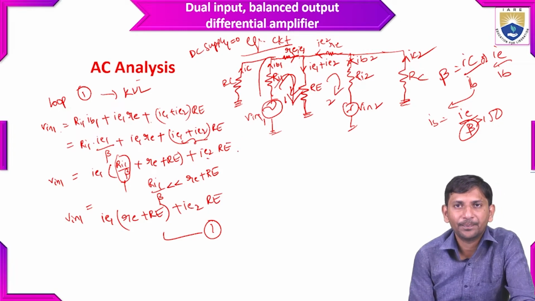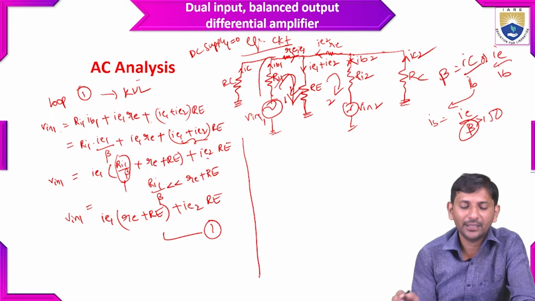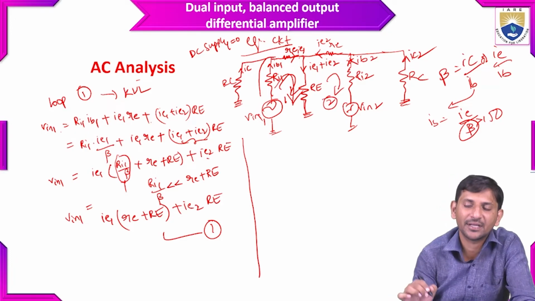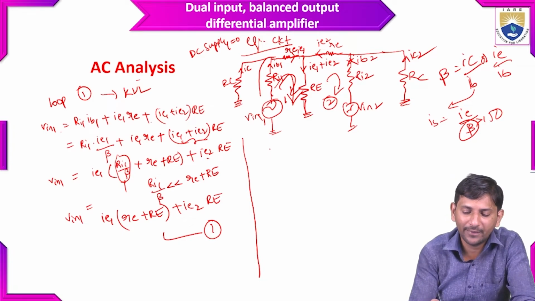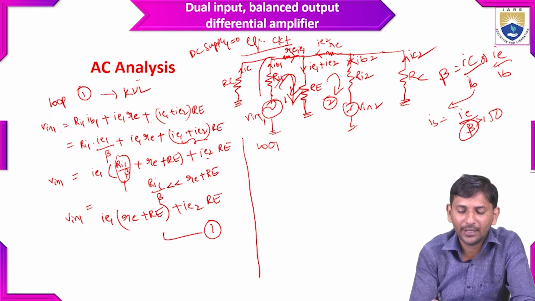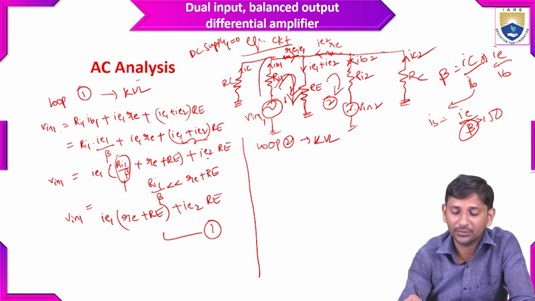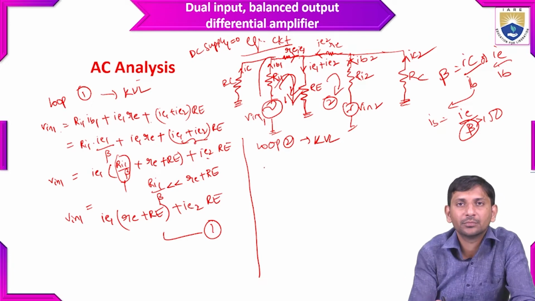In a similar way, to write Vin2, we do the loop analysis of loop 2. What you have to do is apply KVL, Kirchhoff's voltage law, across loop 2. The sum of entering voltage is equal to the leaving voltage.